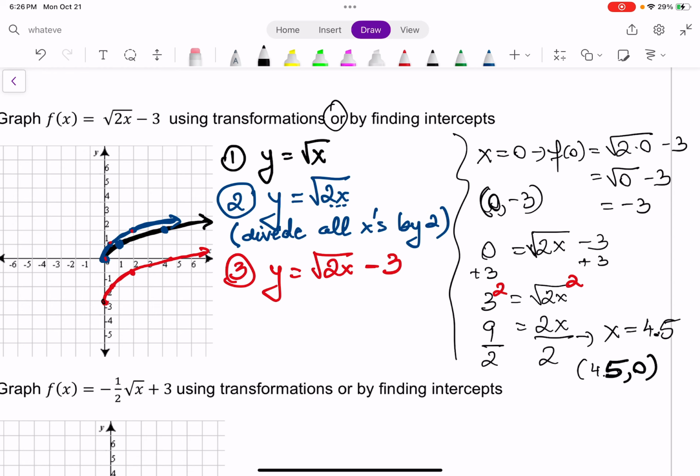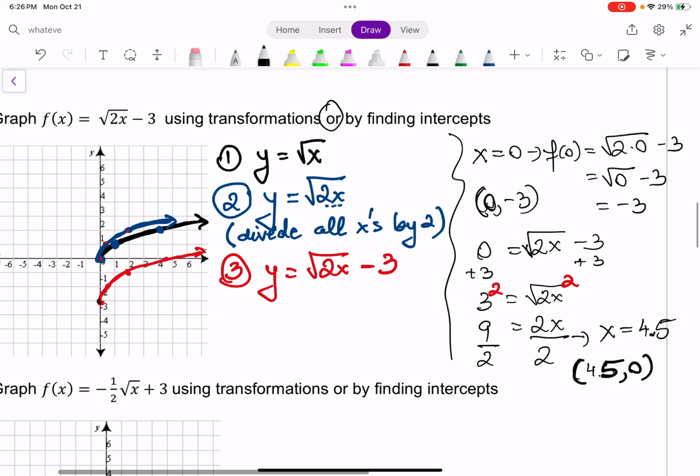Now, just 2 points is not going to be enough. Just because it crosses through these 2 points, it doesn't mean it has to start here. So you have to be really careful about this. However, you do have your graphing calculators to help you and stop you where you need to be stopped. Okay.